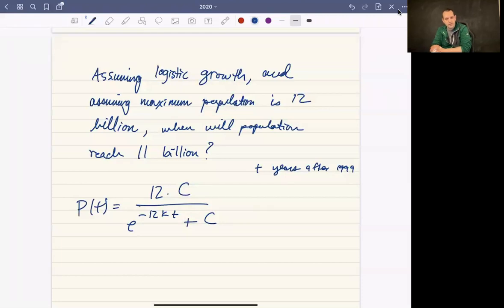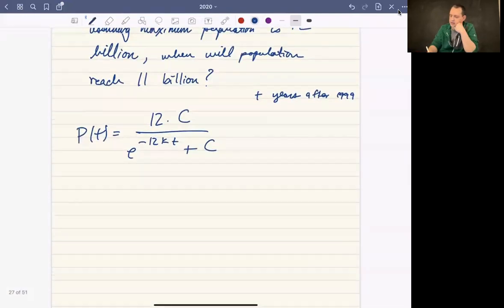In 2011, that was P of 12, because that was 12 years later. We know that our initial population, P of 0, was 6 billion. P is in billions.